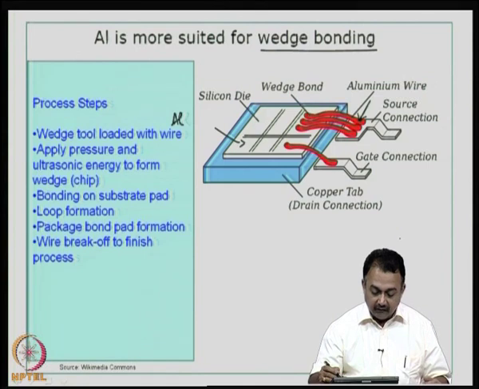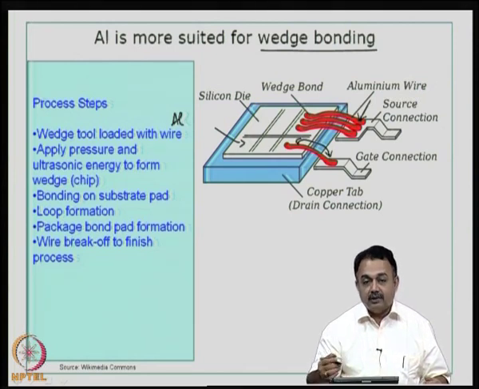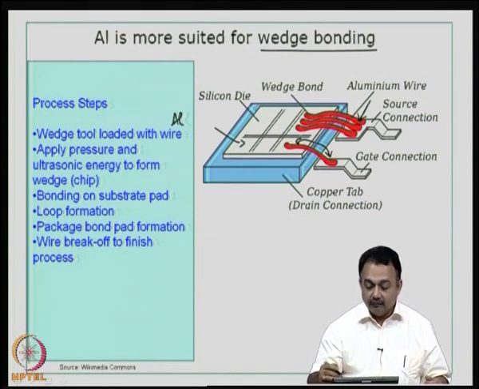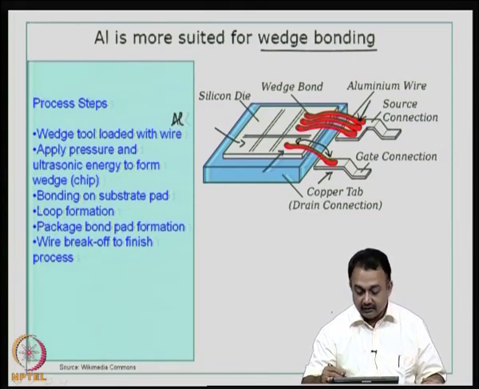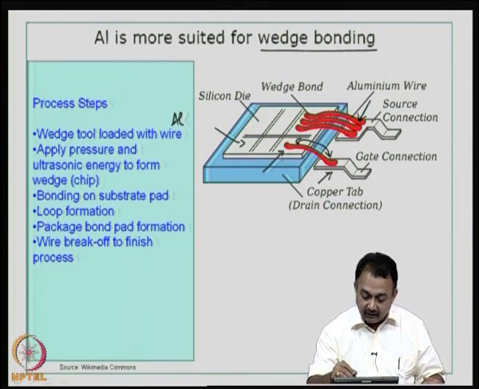So, bonding is done first on the substrate pad, then a loop is formed. This is basically the loop. As an experienced person, you will decide how much loop and height you require for forming a wedge bond. After the loop is formed, then the bond formation on the package is done. So, this will be the first site where the wedge bond will be formed, and this will be the second site where the wedge bond will be formed.